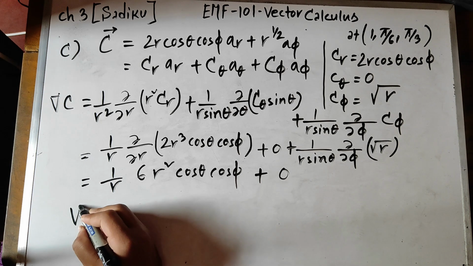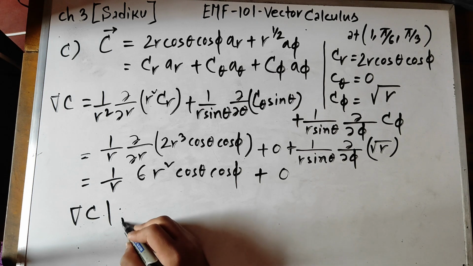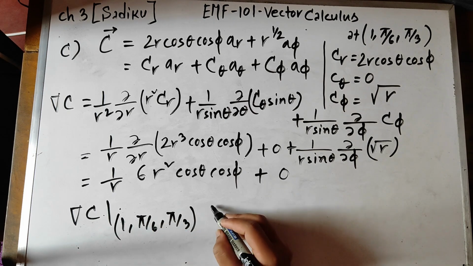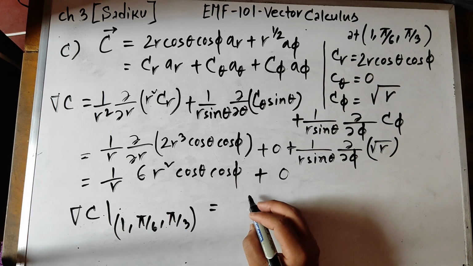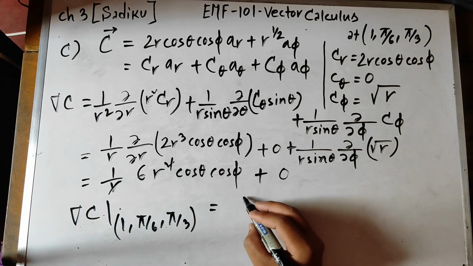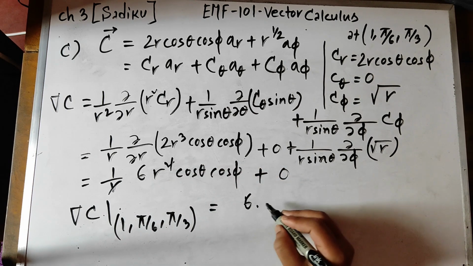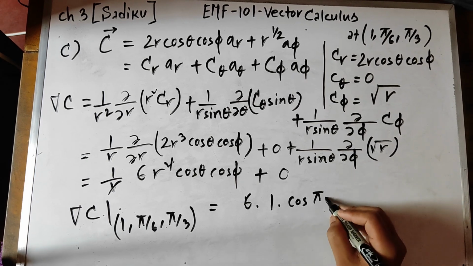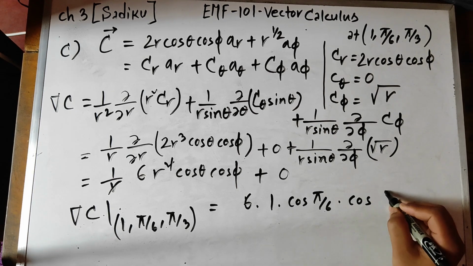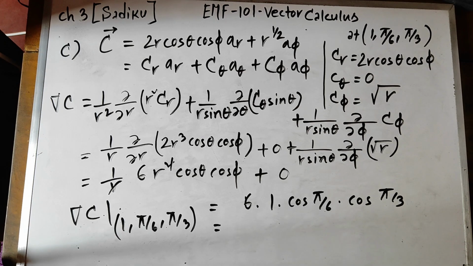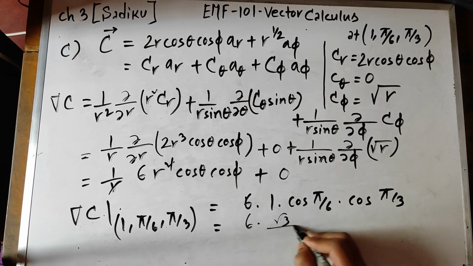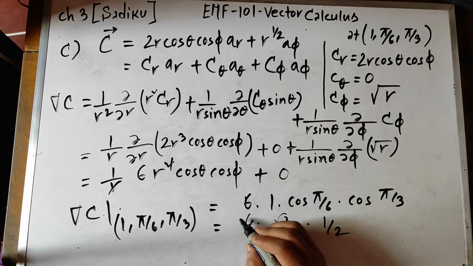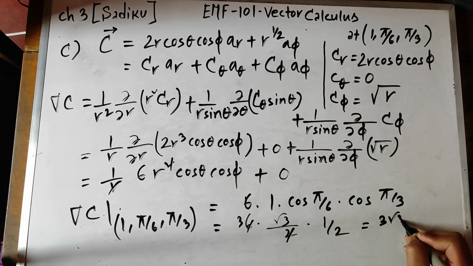Now the divergence at 1, pi by 6, pi by 3, so the r cuts out here, and we get 6 dot 1 dot cos pi by 6 cos pi by 3, which is 6 dot root 3 by 2 dot half, which is 3 root 3 by 2.